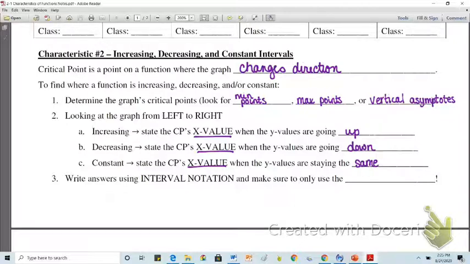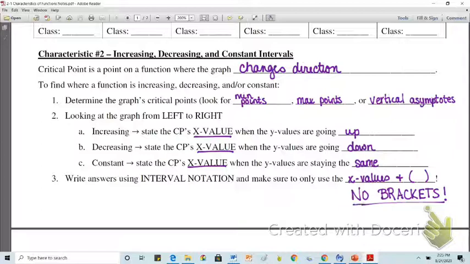We are going to make sure to only use the x values and parentheses. We are going to use absolutely no brackets. This is the only time in interval notation when we will not use them.